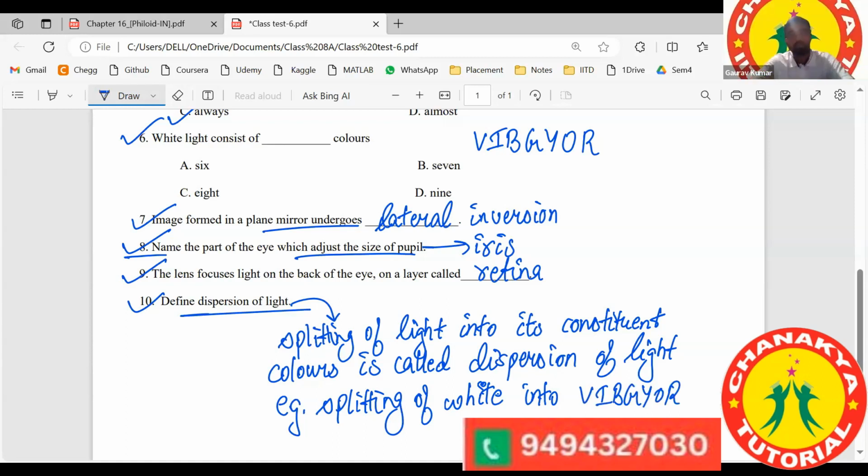Okay. Then you must have made a mistake in some question. You made a mistake in the seventh question. You said regular reflection, but it should be lateral inversion. Okay, one minute.